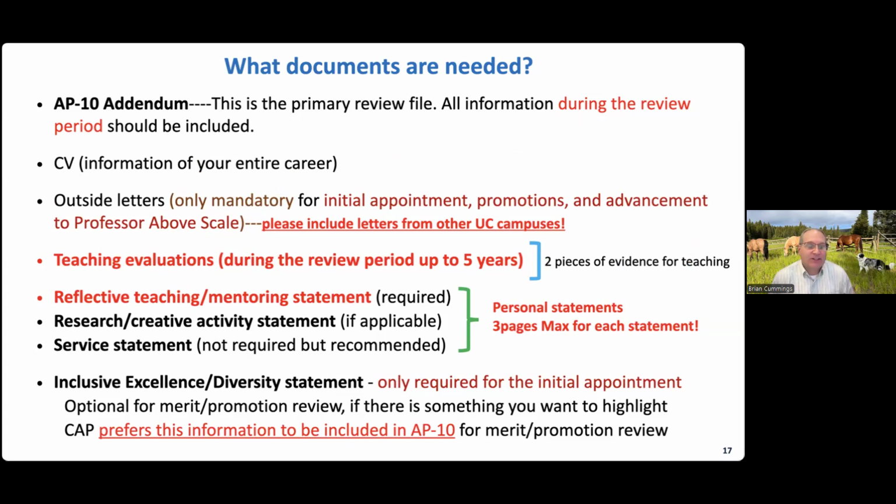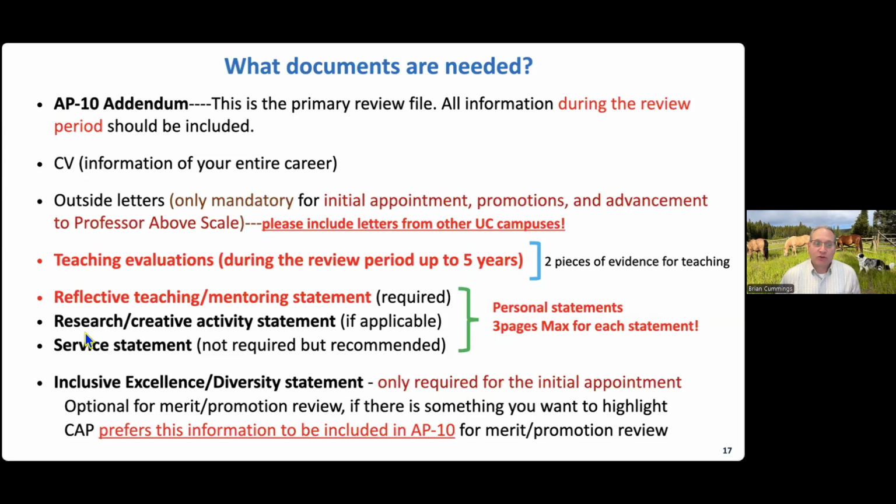They want to see a reflective teaching statement and evaluations from students. They want to see in your reflective teaching statement that you are discussing your teaching evaluations and addressing any deficiencies that are brought out in those evaluations.